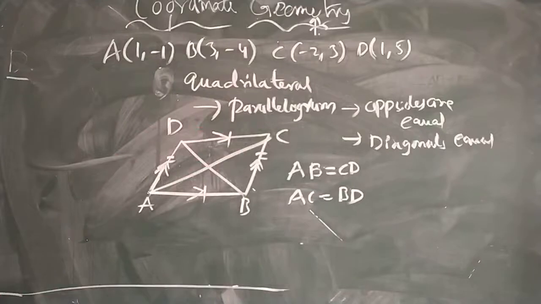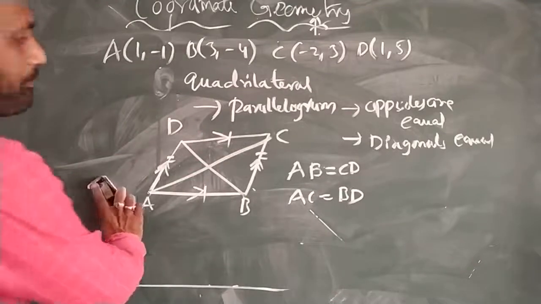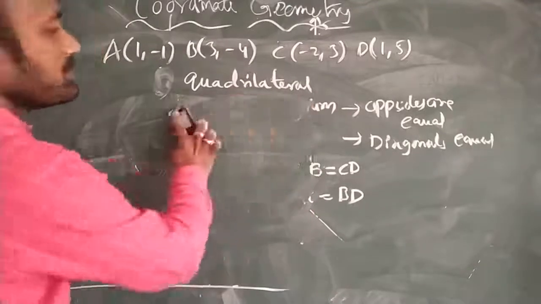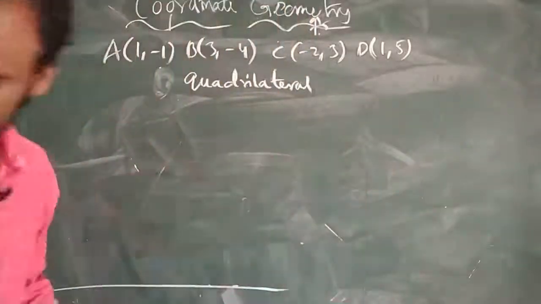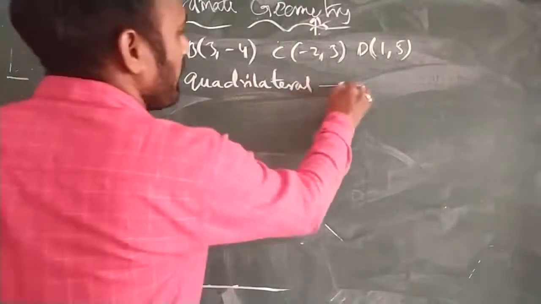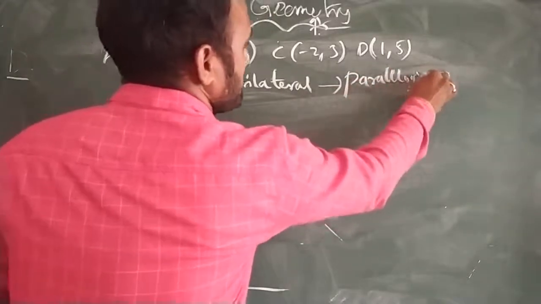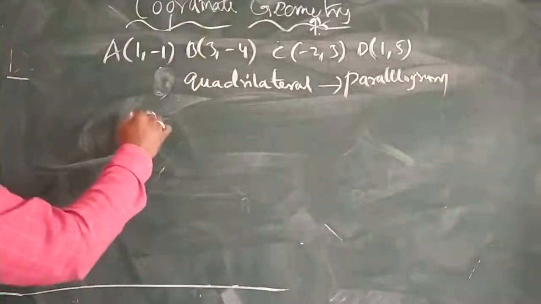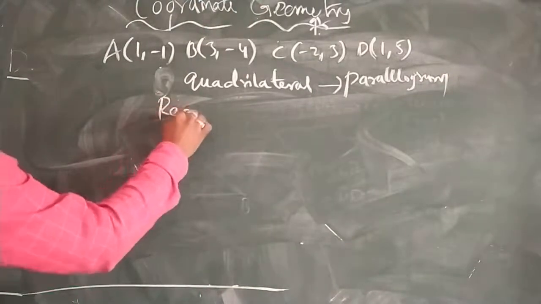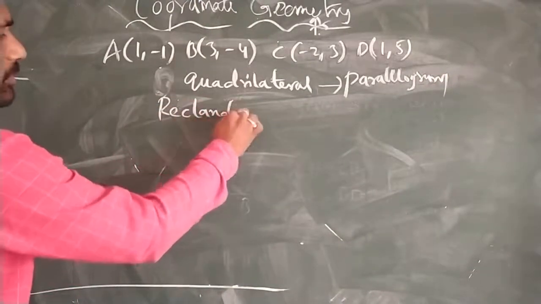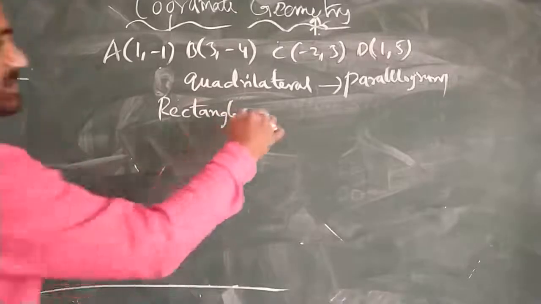If suppose only opposite sides are equal. So, the next concept here. First we learnt about parallelogram. Next, rectangle. So, in a rectangle, opposite sides are equal.